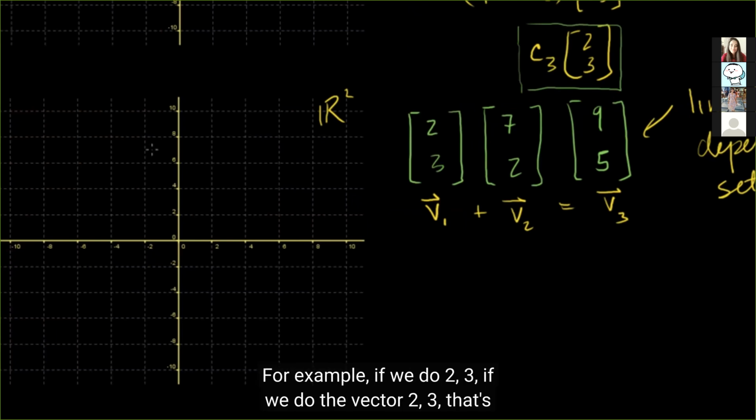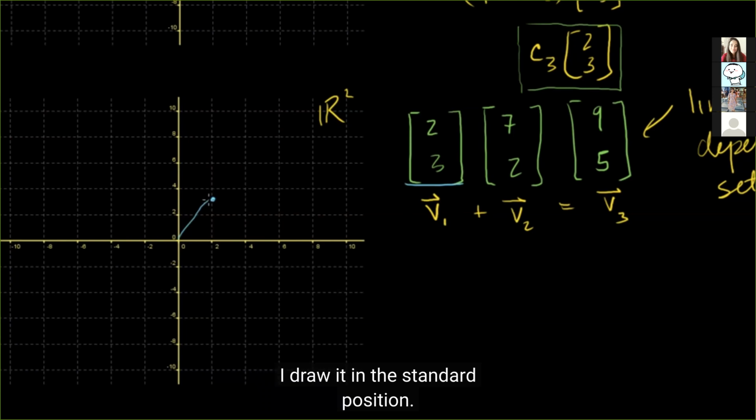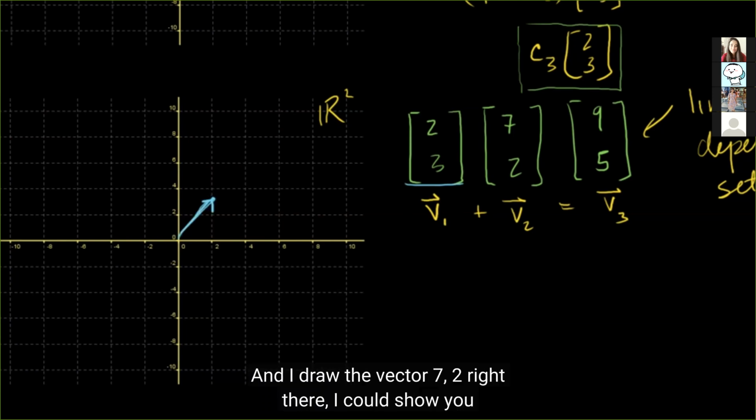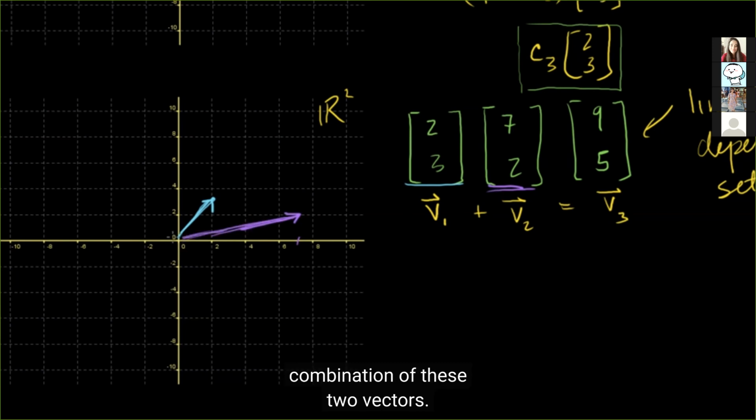For example, if we do the vector 2, 3, that's the first one right there, drawn in standard position, and I draw the vector 7, 2, right there, I could show you that any point in R2 can be represented by some linear combination of these 2 vectors. We could even do a graphical representation, but I've done that in the previous video.